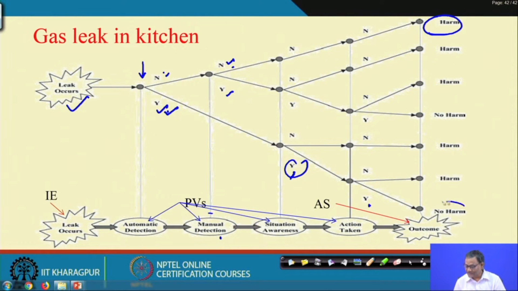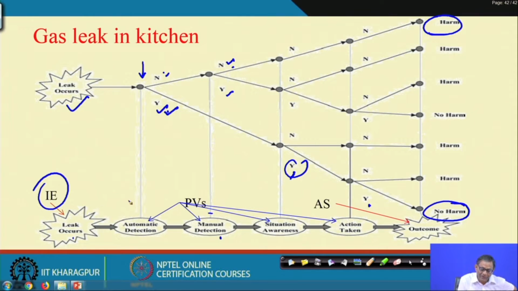If yes, there is no harm. So there will be different end states, from no harm to harm, and this is what is branched here. We start with a particular event known as the initiating event, which is the leak.